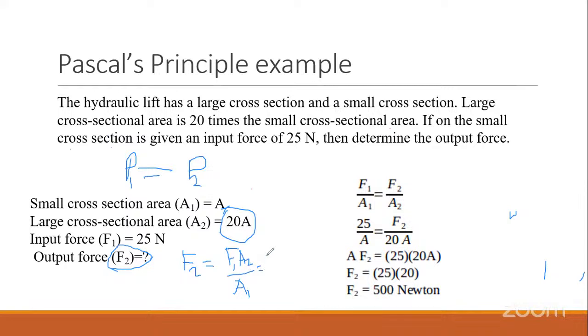So F1 is 25, A2 is 20A, and A1 is A. We have defined them. So A cancels A, we are left with 25 times 20, which is 500 newtons. So the force at the large section is 500 newton.